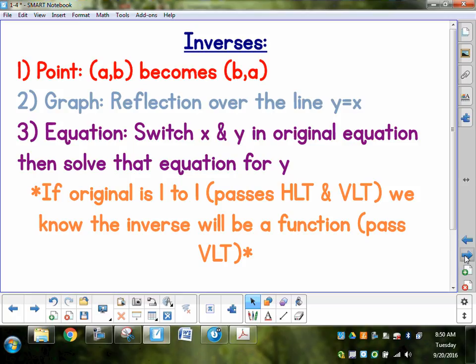You transpose the coordinates or switch them. So, if the original contains the point 1, 8, the inverse would contain the point 8, 1. That's the first thing. The second thing is, if you're going to graph it, you take the original and reflect it over the line y equals x.